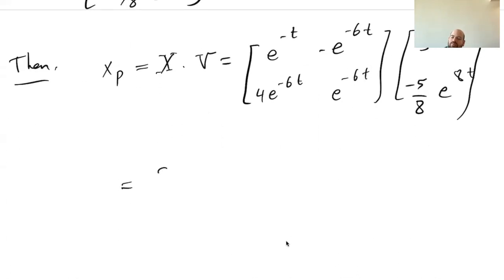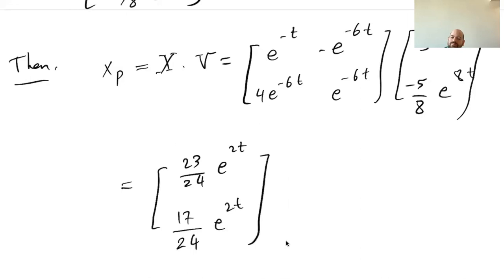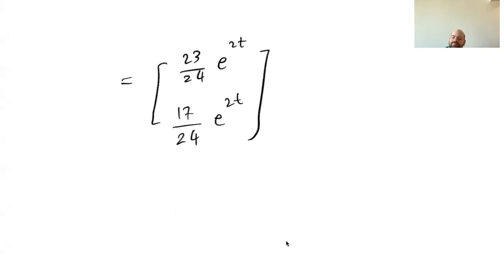And then we get 23 over 24 e to the power 2t, and then 17 over 24 e to the power 2t. So this is X_p.